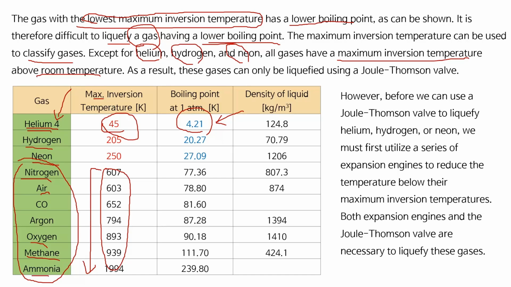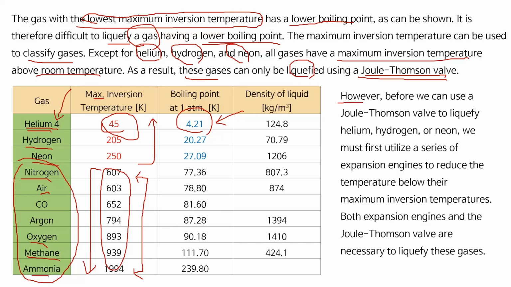Their maximum inversion temperature is below room temperature. As a result, for the gases with a maximum inversion temperature larger than room temperature, we can liquefy them only with the Joule-Thomson valve.